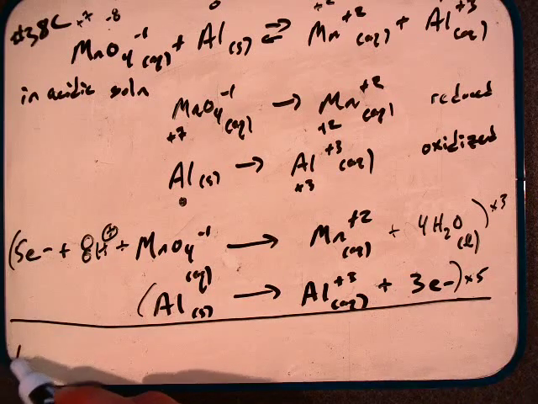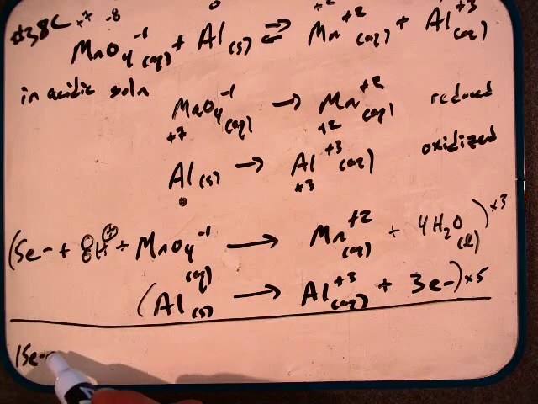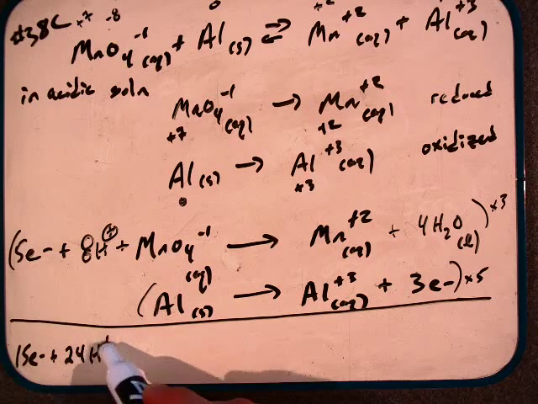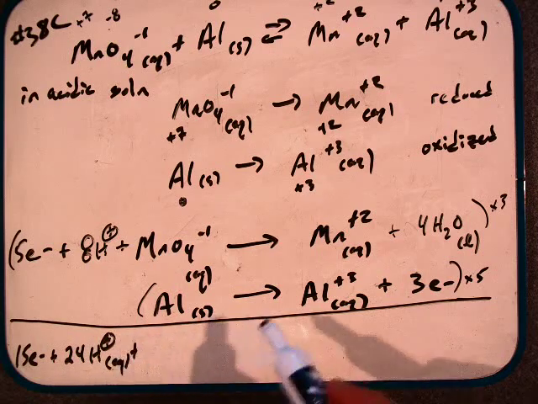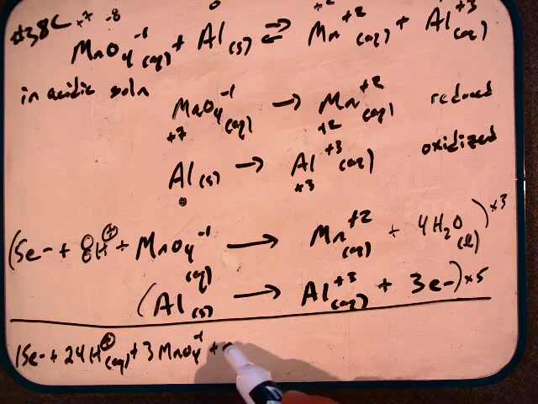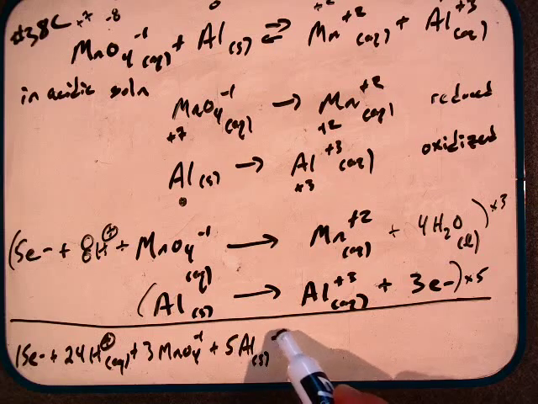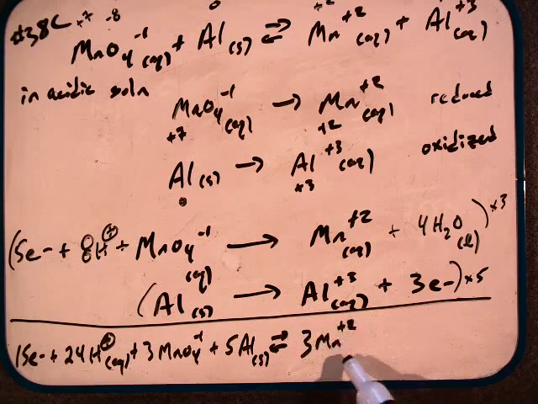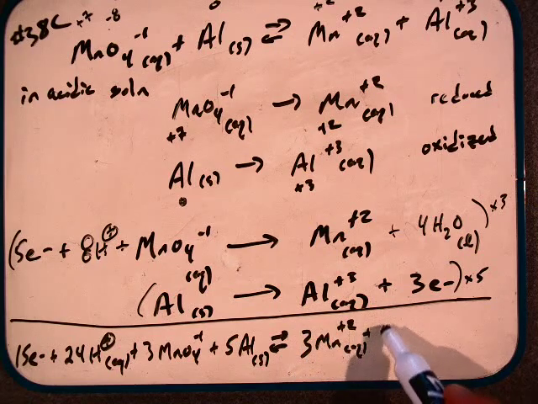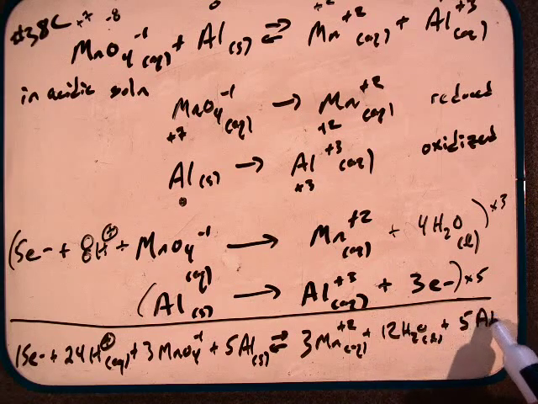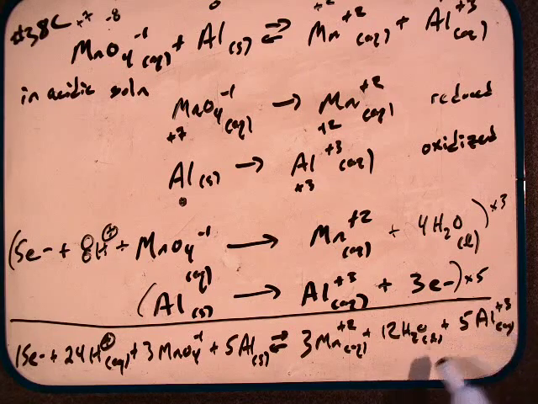And so when we add up these guys, we would have 15 electrons plus our 24 protons plus 3 manganates plus 5 aluminums goes to produce 3 manganese plus 2 plus 12 H2Os plus 5 aluminums that are plus 3 plus, sorry for running out of room, 15 electrons.